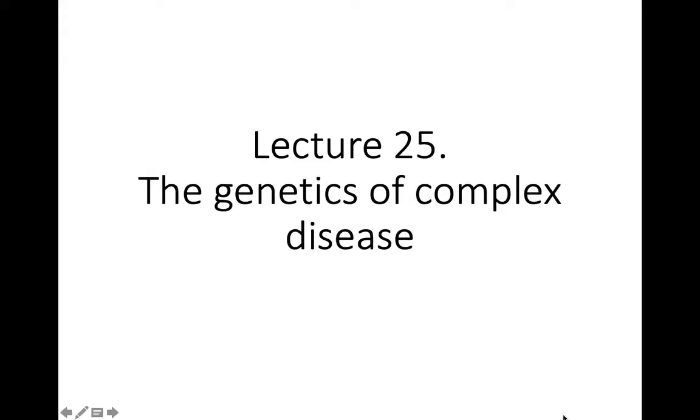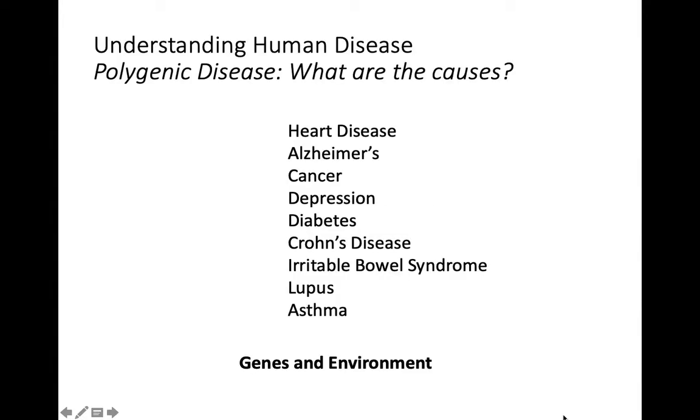This is the last lecture, lecture 25, the genetics of complex disease. In the last lecture before this, we discussed quantitative genetics, and human disease is often characterized more as a function of many, many different genes which contribute to complex disease.